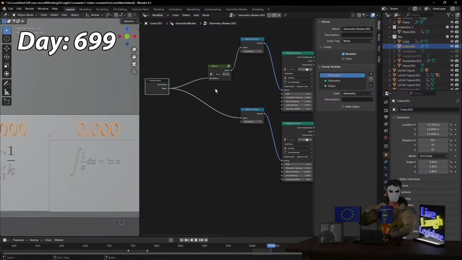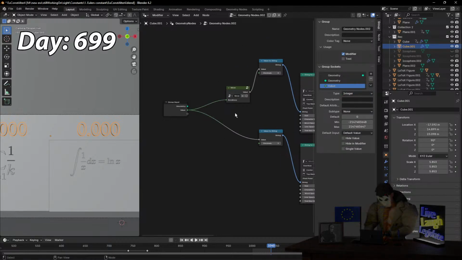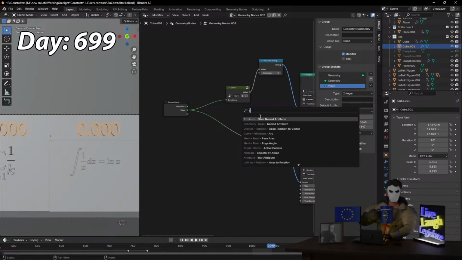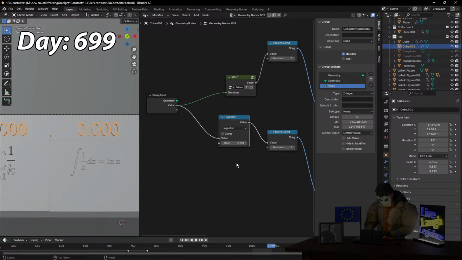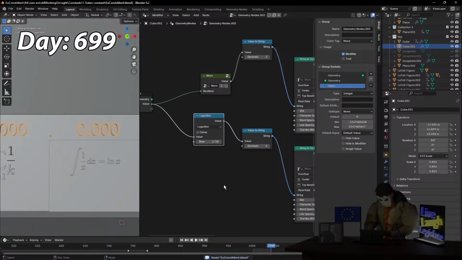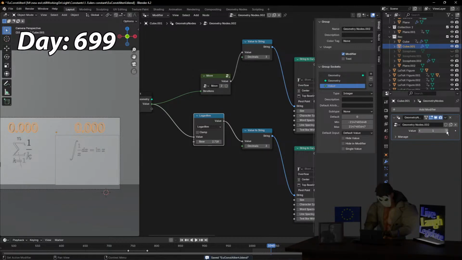in right there. Actually, this will be much better as an integer. Sweet. And then math and natural log. And you can see that as we increase the number, it starts at 0. I mean, makes sense. 2. Yes.